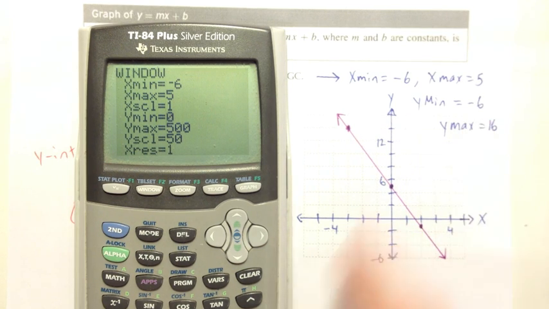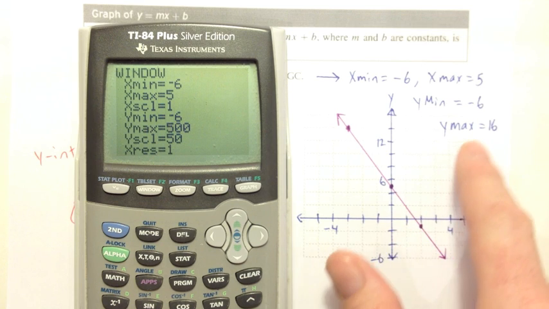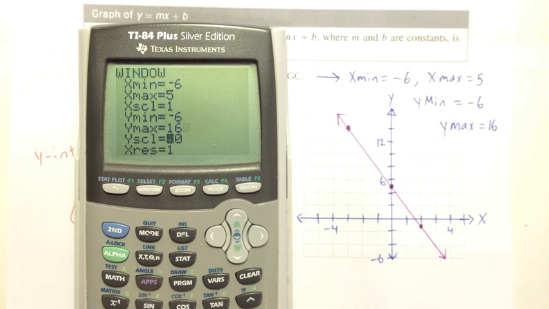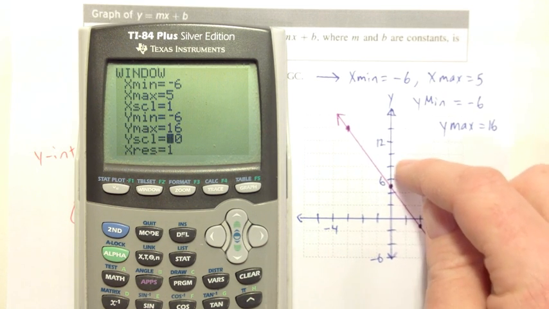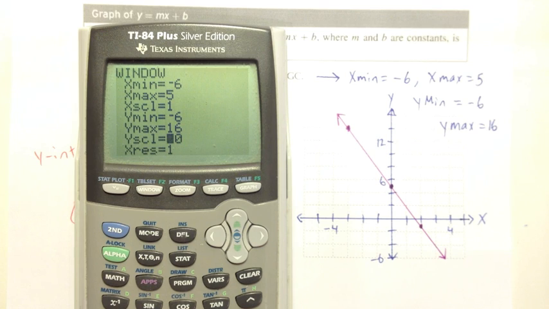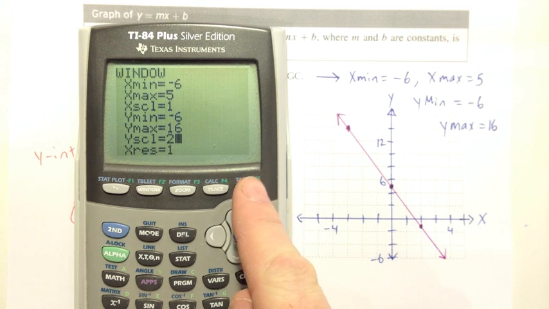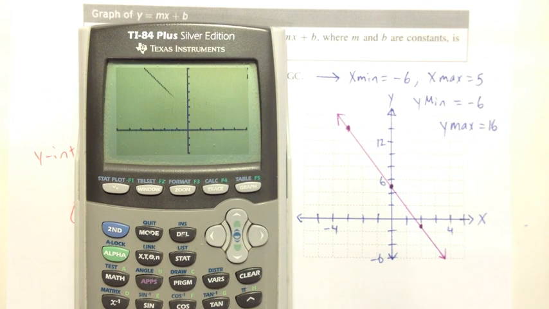And for the y minimum, negative 6. For the y maximum, 16. And for our scale, we went 2, 4, 6, 8, 10, so we were numbering in 2s. So now if I hit graph, I should see a graph that looks a lot like this. Maybe not purple, but basically the same picture. And that does indeed look like it matches up pretty well, so that's good confirmation that when we did the graph by hand, we did it correctly.